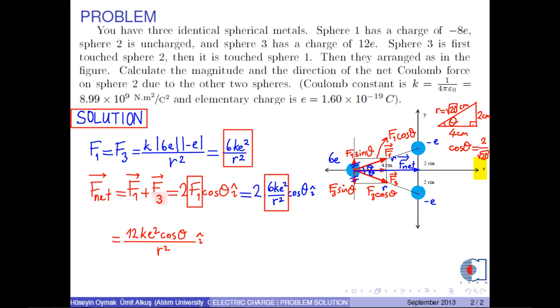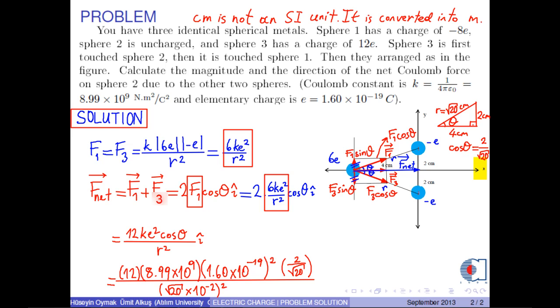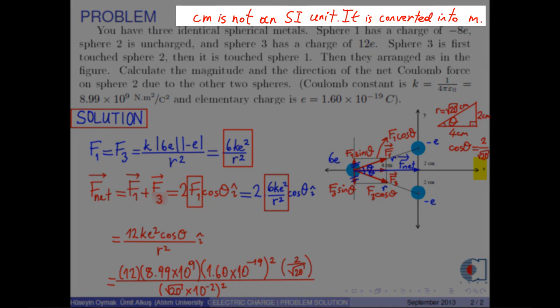Now we can put the numerical values into this equation: the value of k, the value of e, the value of cosine theta, and the value of r. Here, since centimeters is not an SI unit, we convert it into meters.